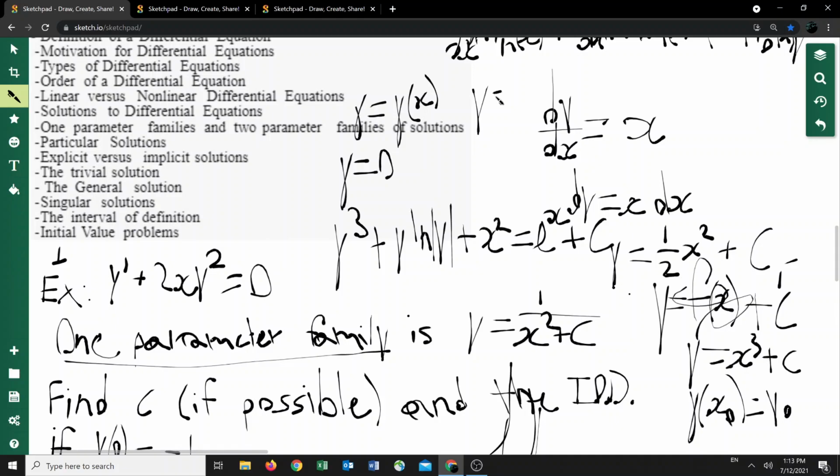So like y equals 1 over x, let's say, plus c. Well, this is not defined at x equals 0. It's defined from negative infinity to 0, union 0 (open brackets, by the way) to infinity.